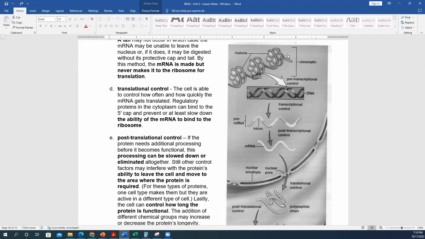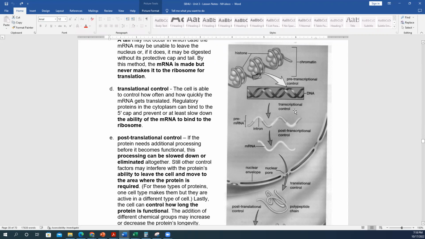And so transcription does not happen on these areas, while it can happen in areas that are more loosely folded and more accessible. So this is one point where you can have pre-transcriptional control. By regulating which parts are tightly bound and which parts are loosely exposed, you can exert control even at the pre-transcriptional level.